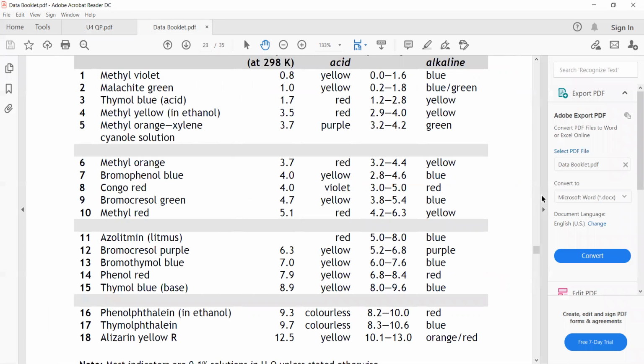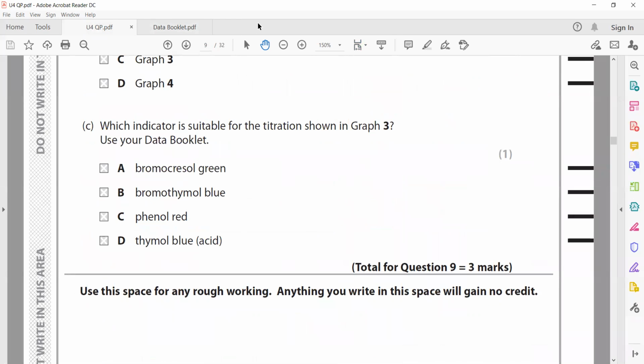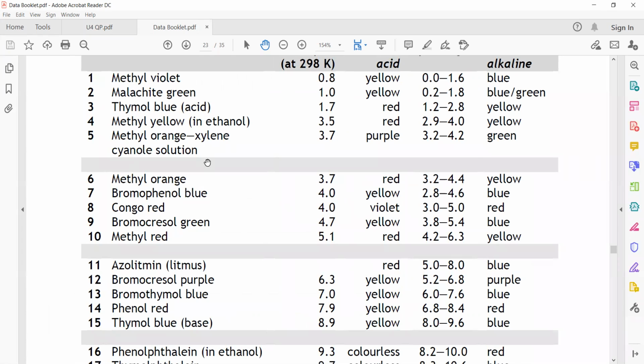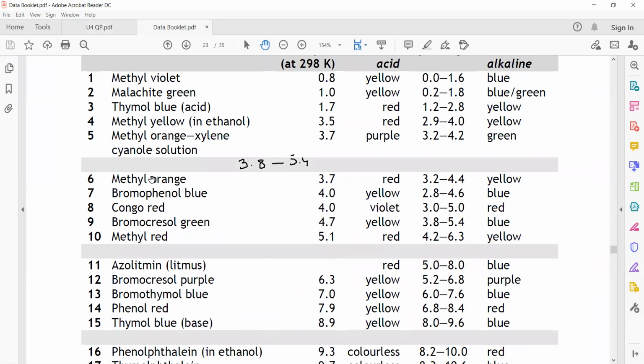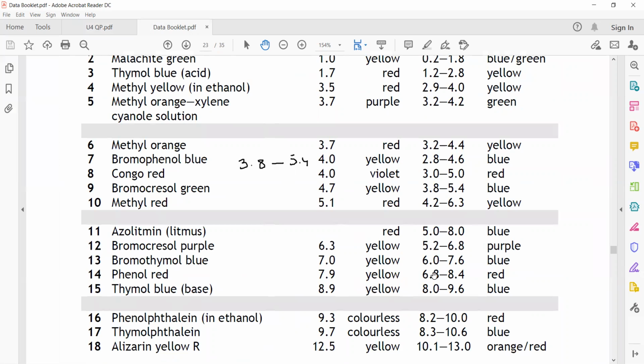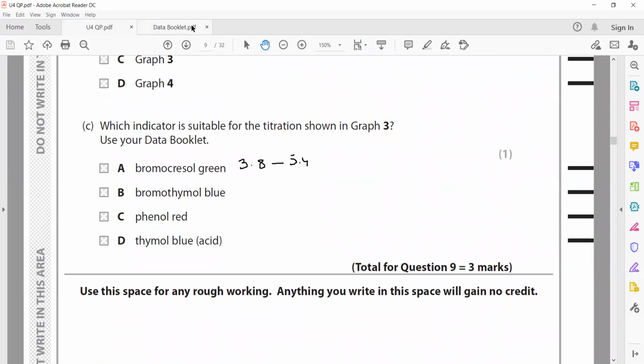So this is a data booklet. Using the data booklet, we have to check the range. Bromocresol green, the range is from 3.8 to 5.4. Bromothymol blue, the range is 6 to 7.6.